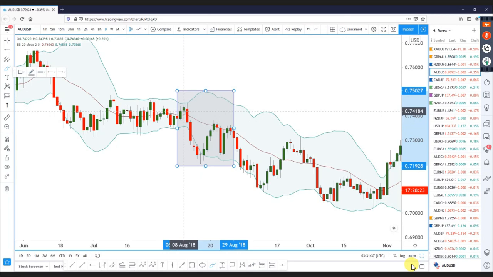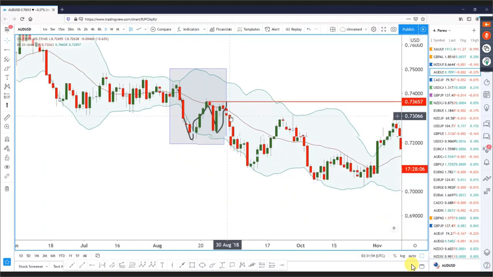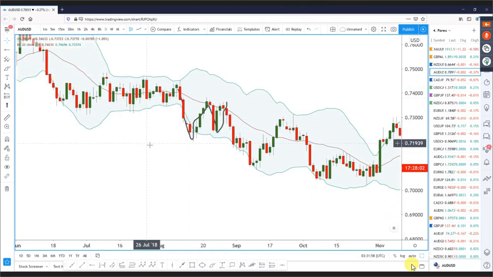So first, broke out, came back in, came close, took out, not really took out, but reaches the previous low, but then it went down instead. Okay. I'm not good at Bollinger Bands yet.